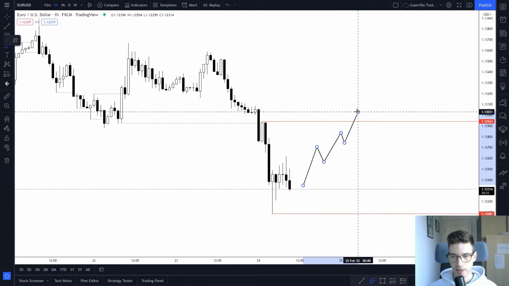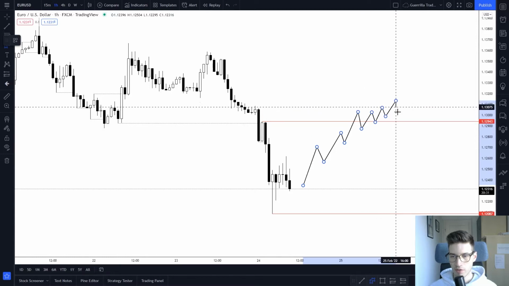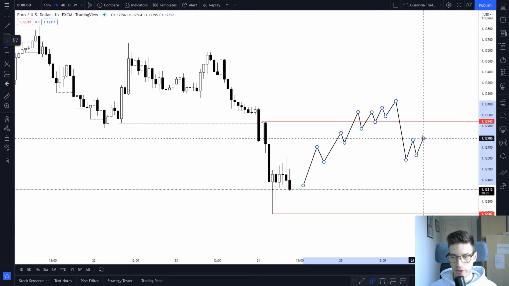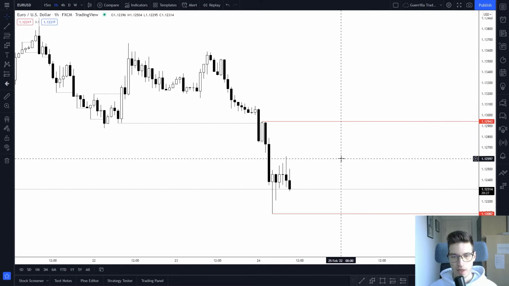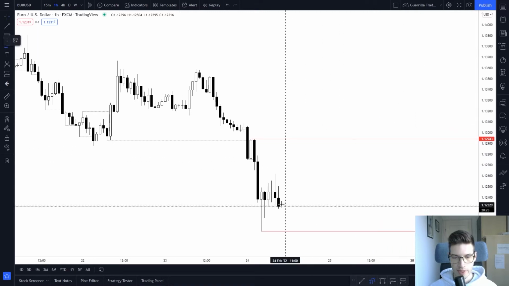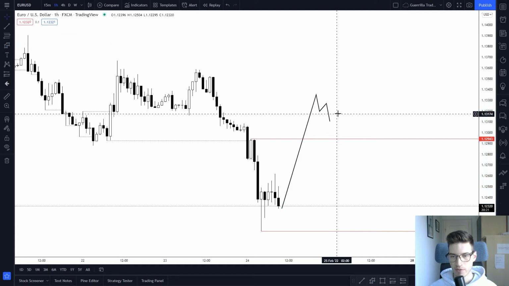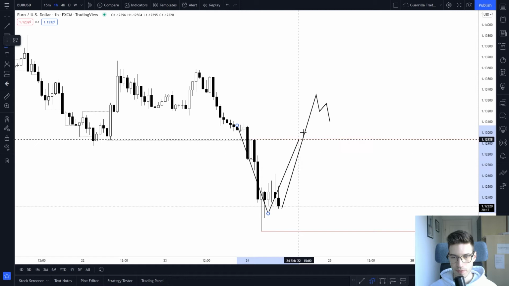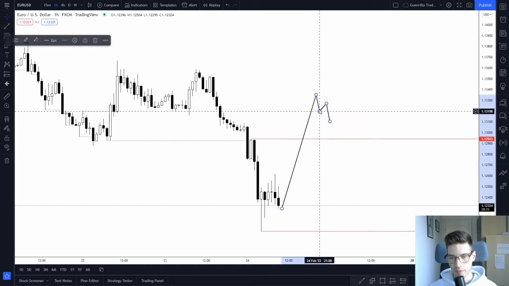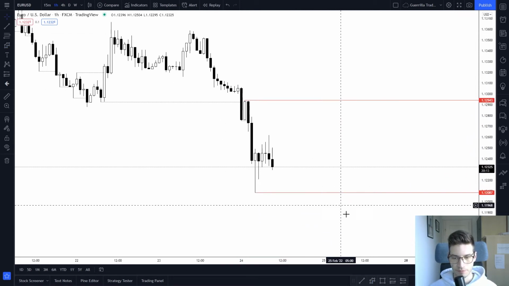Also we can get an ascending structure, reversal, trade to the short side. Or we can get, let's say, something like this, and if it's a large impulse I would look for a flag, but then this would also give me a V, so I would need to be a little bit more careful in that case.